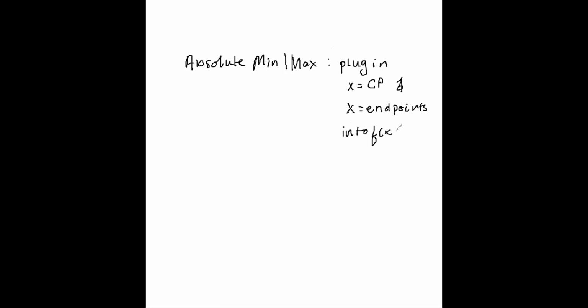And then, yes, so general rule: if you're asked to find the absolute min and max, you're going to plug in x equal to the critical points and x equal to the endpoints into f of x.